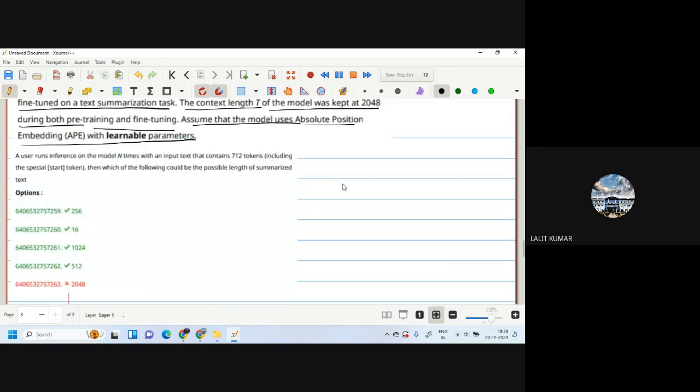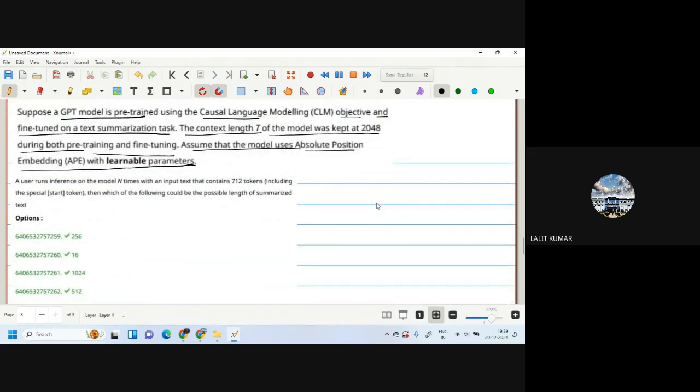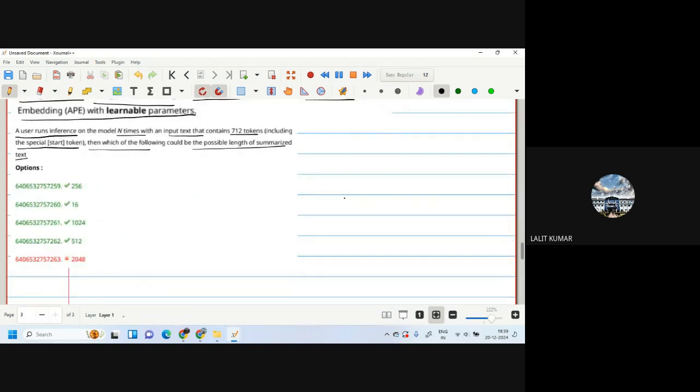Now a user runs inference on the model n times with an input text that contains 712 tokens, including the special start token. Which of the following could be the possible length of summarized text? So the options are here. This 2048 is the only one which is incorrect.